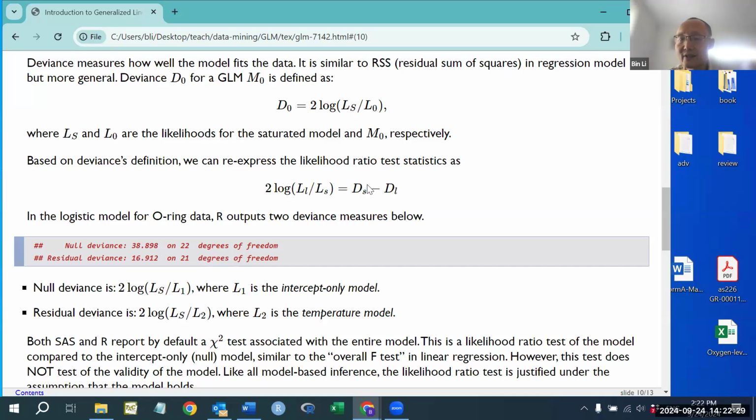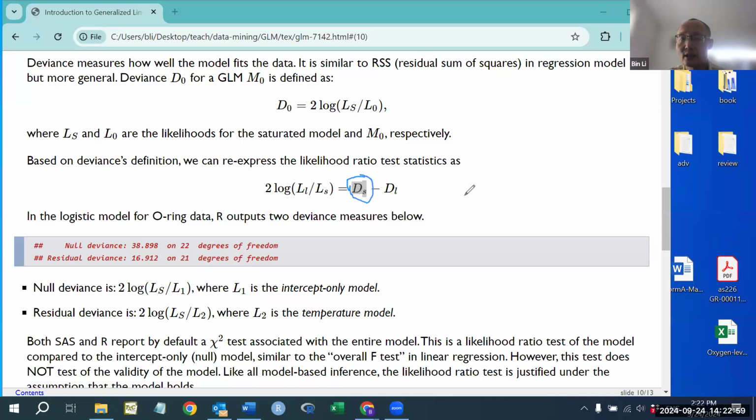This is the deviance for the small model minus the deviance for the large. And you may say, wow, there's a mistake. It should be the deviance for the L minus the deviance for the S. No, that's not a mistake, because if we rewrite it, you can see what the deviance for the S is. This one equals what?